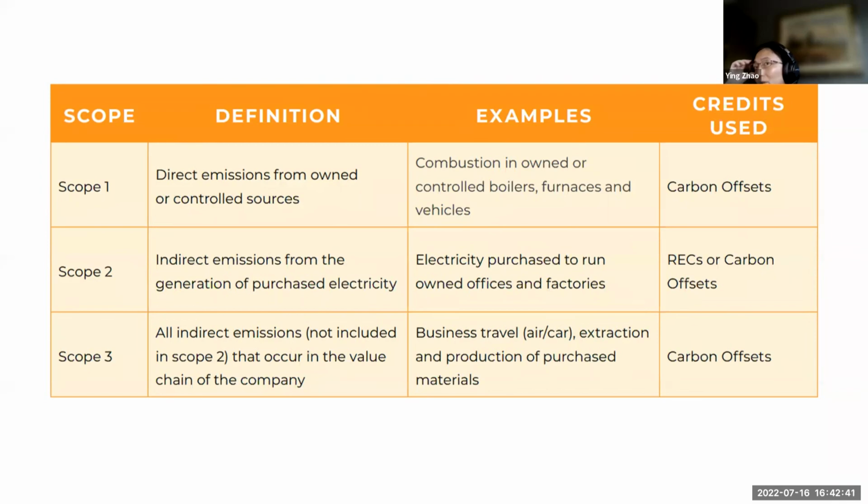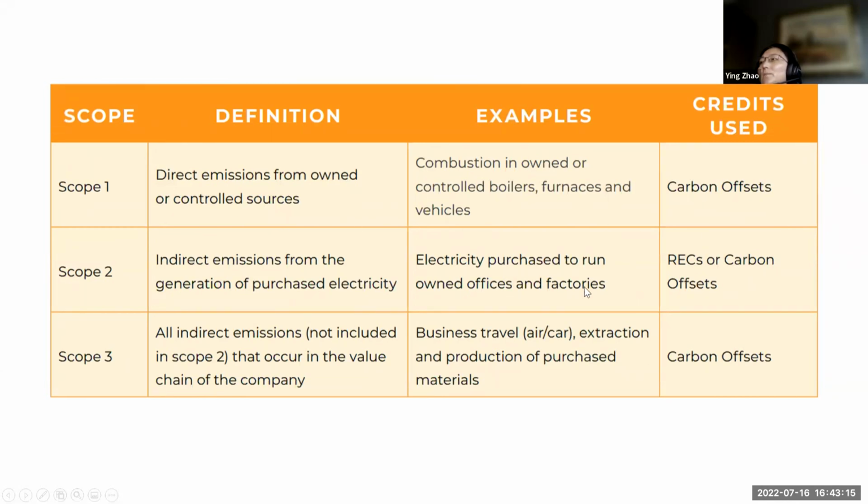To offset your emissions or energy use, which are actually greenhouse gas emissions, there are three types of scope. Carbon offsets can be used for scope 1, like combustion in your boilers, furnaces, and vehicles. That is direct emission from your own resources, mostly fossil fuel, and carbon offsets can cover it.